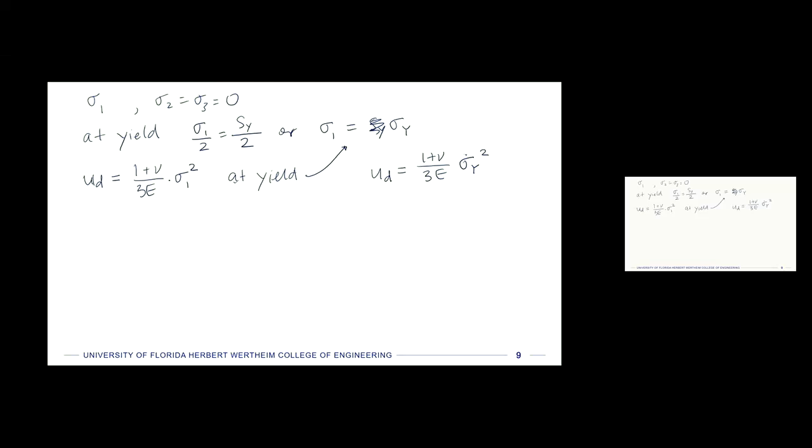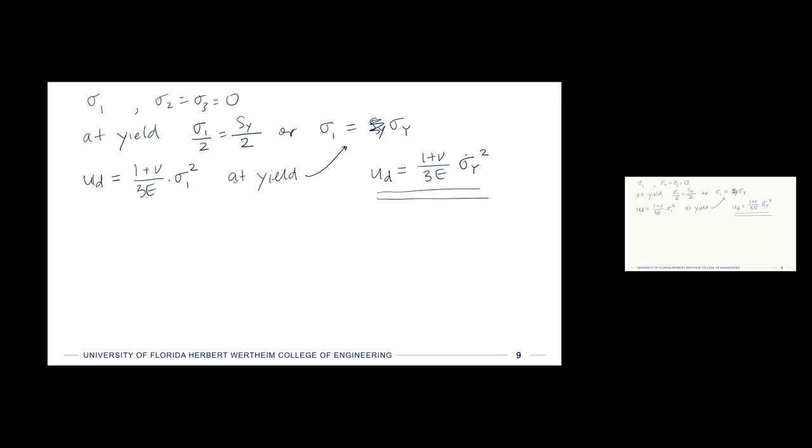So this is still all in terms of strain energy, but we don't really want to calculate strain energy. We just want to calculate something that we know from the stresses and apply that. So what we're going to do is apply this simplified equation and equate that to the full expression for the distortion energy.